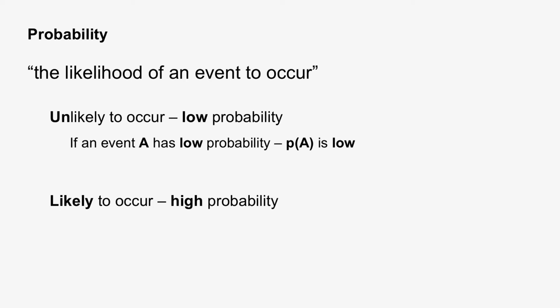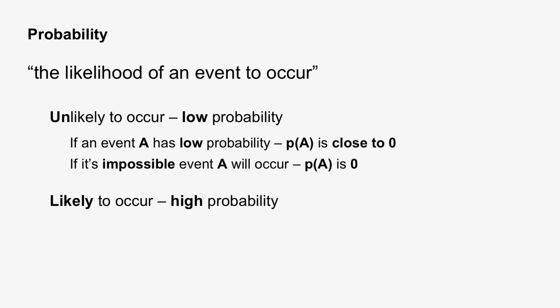If an event A is unlikely to occur, probability P of A has a low value. The event getting hit by lightning is a classical example that has a probability value close to 0. If it's totally impossible that an event will occur, probability is 0.